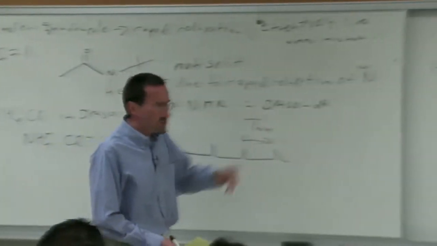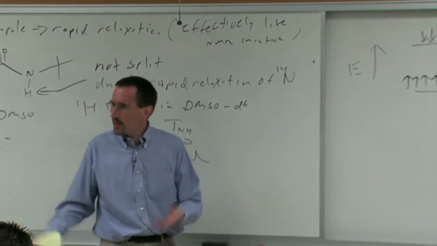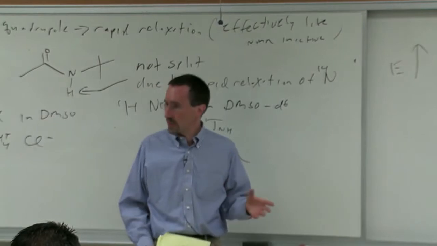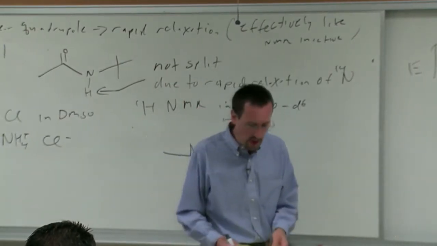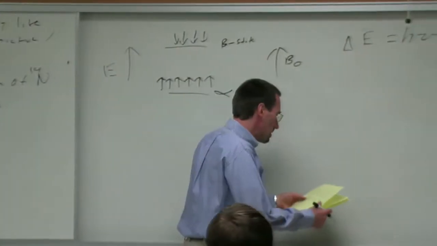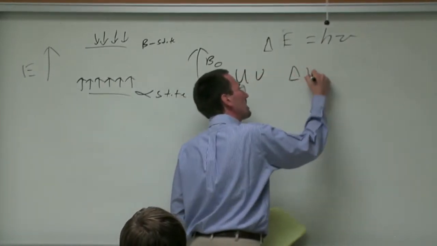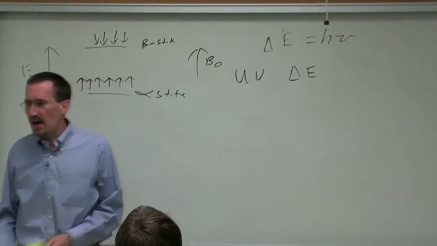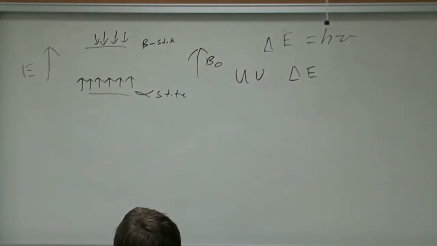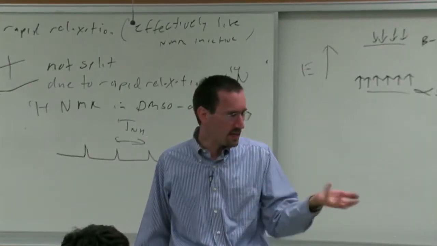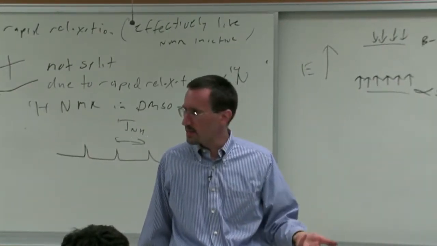Now, what sort of energies are we talking about? Well, we're talking about 500 megahertz for a proton, so we're talking about radio frequency. So let me just give you a calibration here. So if you think about UV and our delta E, maybe I think about my mercury line at 254 nanometers from my TLC lamp, and I think about a chromophore, say, containing a benzene ring or a methoxybenzene ring.